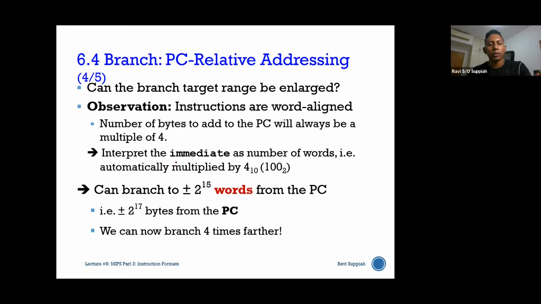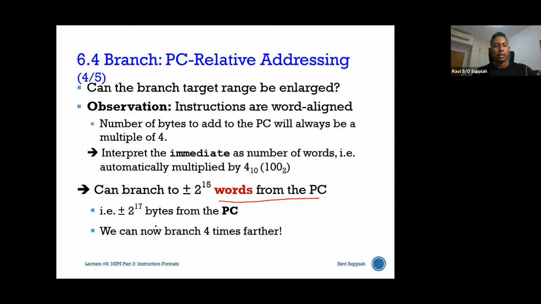Now since we know that each location is actually an instruction, when you say it's 2 to the power of 15, it is actually 2 to the power of 15 words from the PC. In terms of bytes, it is actually 2 to the power of 17 bytes.